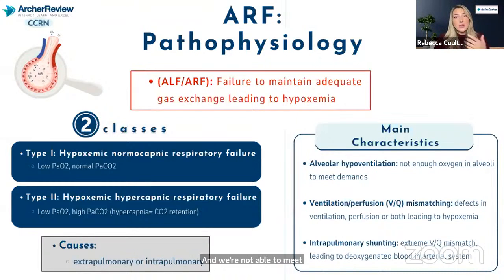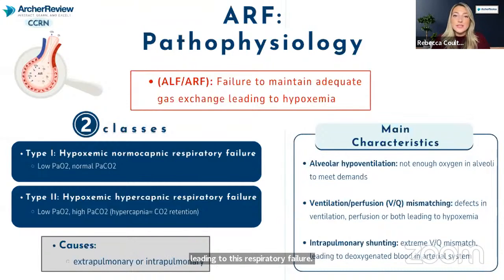An extrapulmonary reason would maybe be sepsis, and that leads to ARDS, where we have massive non-cardiogenic pulmonary edema, and we're not able to ventilate our alveoli with so much fluid on board. That could lead to respiratory failure, even though there's maybe sepsis from some other infection somewhere else in the body. It's not an intrapulmonary source, but it's leading to this respiratory failure anyway.